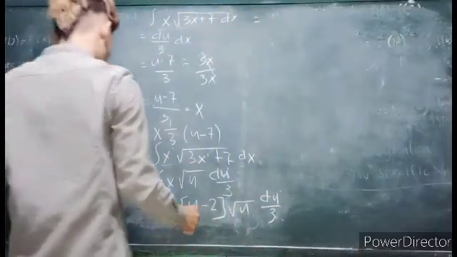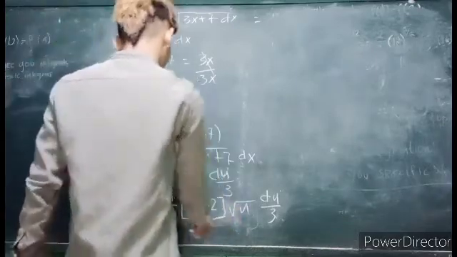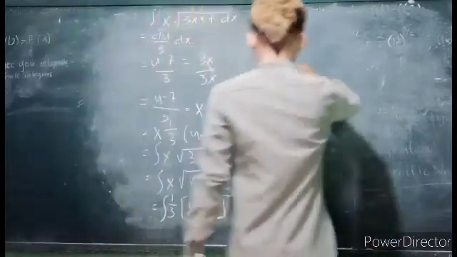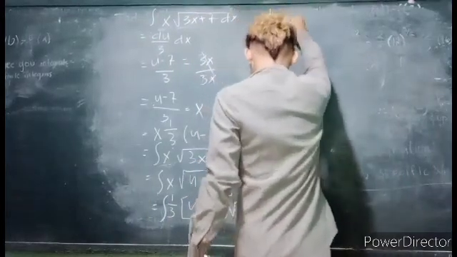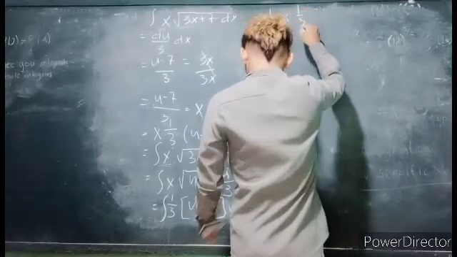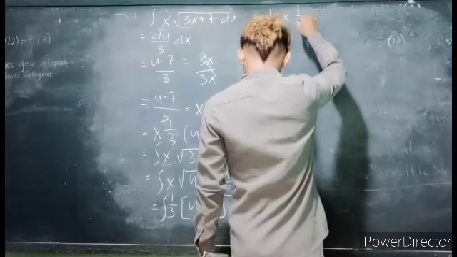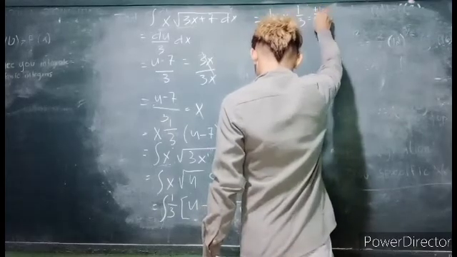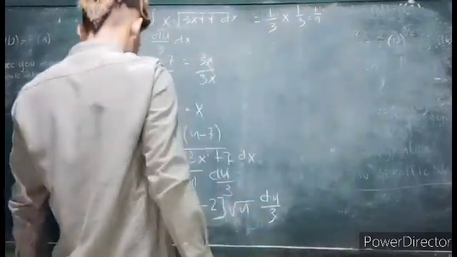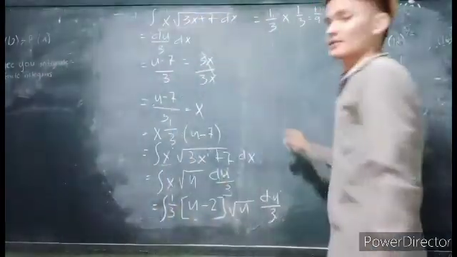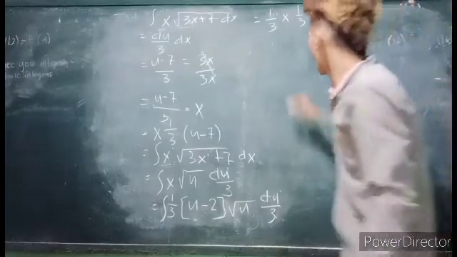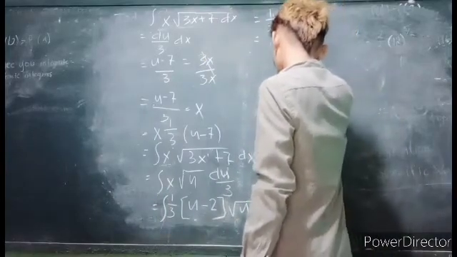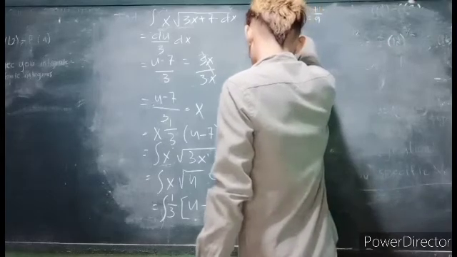Before that, multiply 1/3 and du. 1/3 times 19 is 19 over 3. Next, the square root of u is u raised to 1/2 and du.